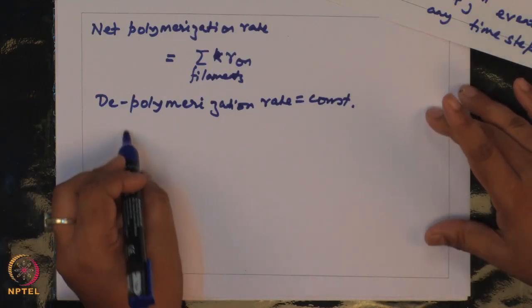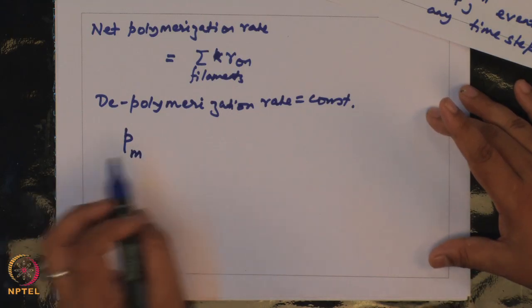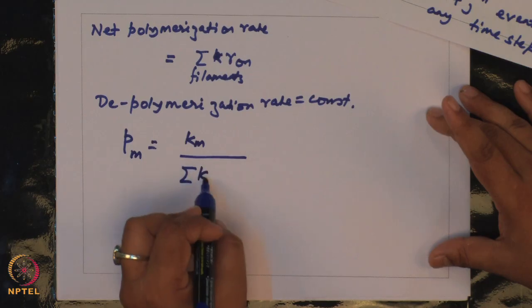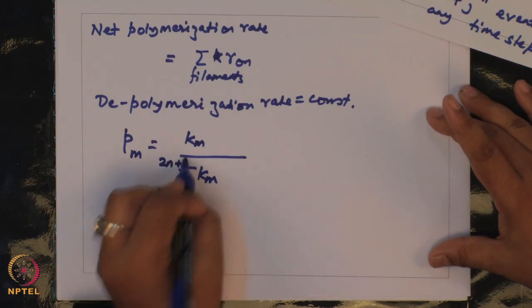So, in essence you can find out the probability of each event. This is going to be that particular event's rate divided by the summation of k_m, m equal to 1 to 2n plus j.